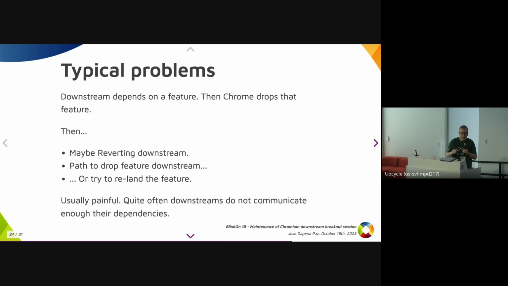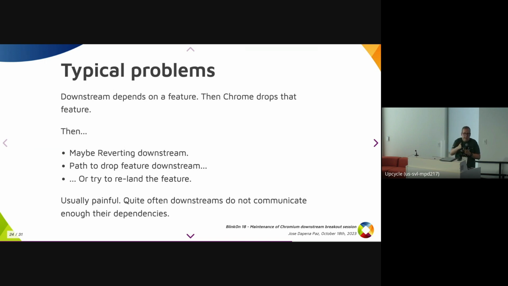That's usually quite problematic because as the architecture changes, the effort you need to make keeps getting worse. It's also a problem because one of the main reasons downstreams use Chrome and not anything else is that you want to reduce the work on something that is moving, a project that works very well as a web engine, so you don't want to lose that part.